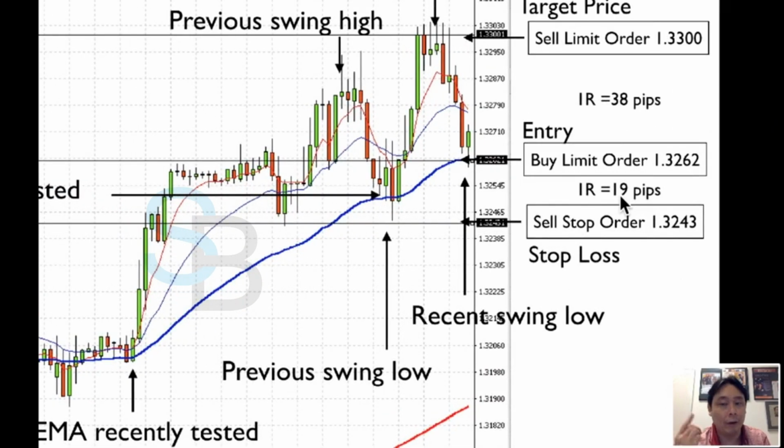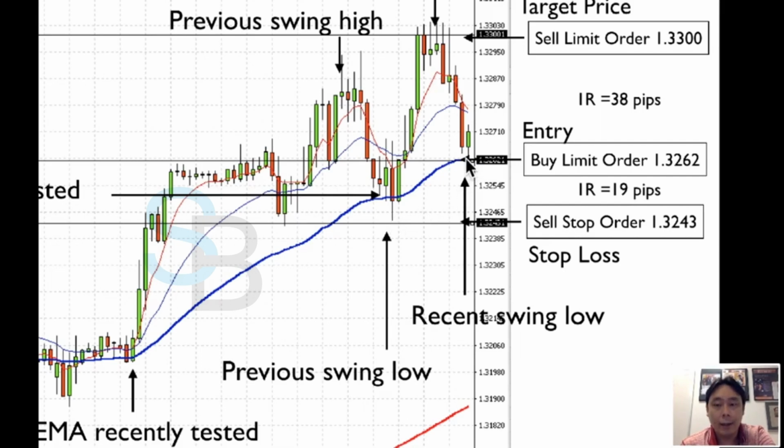So why didn't I put it 12 pips away? Why 19? Very simple, because like I mentioned earlier, I always want to place my stop loss below the previous swing low if I can. If it's close enough and I can stretch and give it a bit more pips to be below that, I'll do that. So in this case, if I had used 12 pips, it would be above that previous swing low.